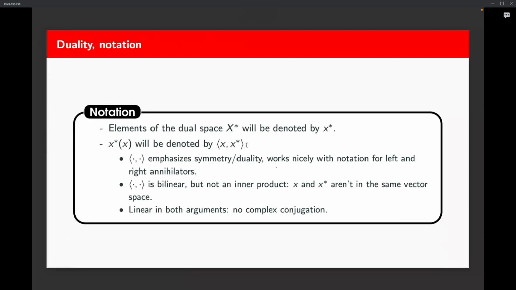Whereas if this were a Hilbert space, you'd have conjugate linearity in the second argument. And that's going to have ramifications when he defines the adjoint a little bit later. There'll be a lack of a complex conjugate that would normally be there in linear algebra. But I'll go into that when we get there. So yeah, linear in both arguments, and there's no conjugation.